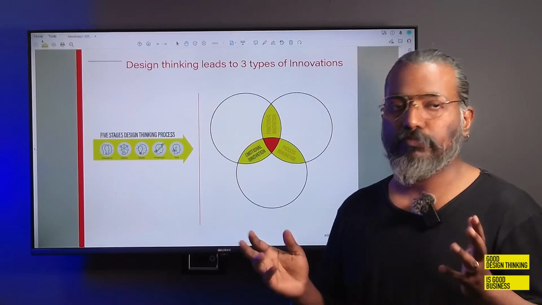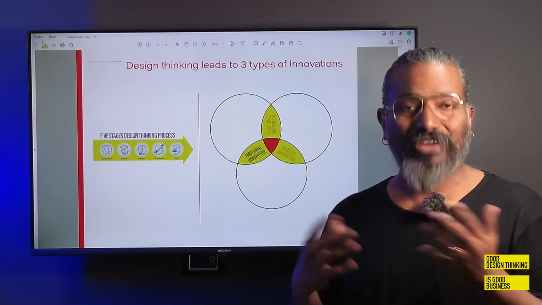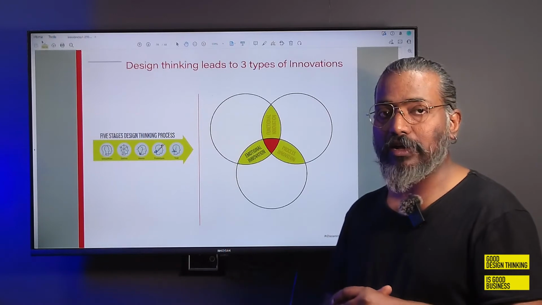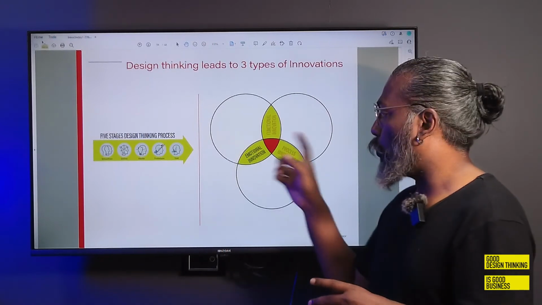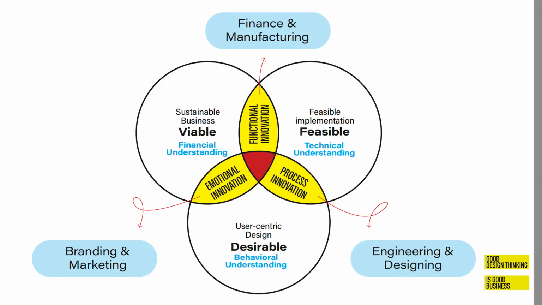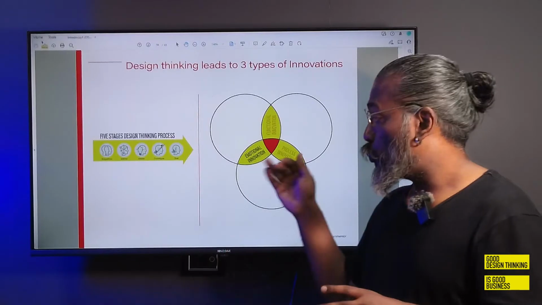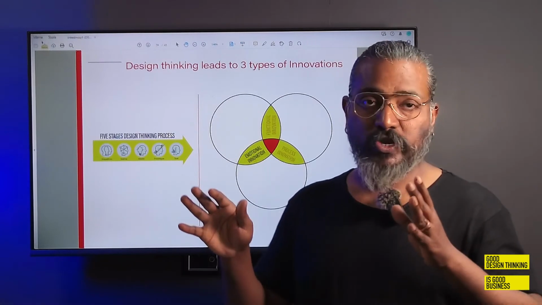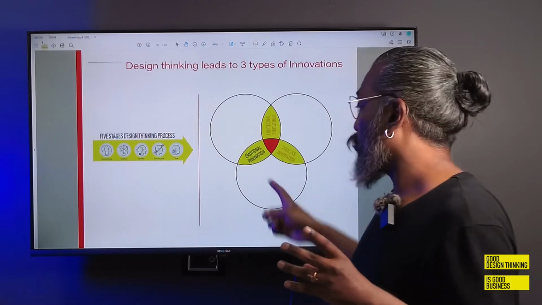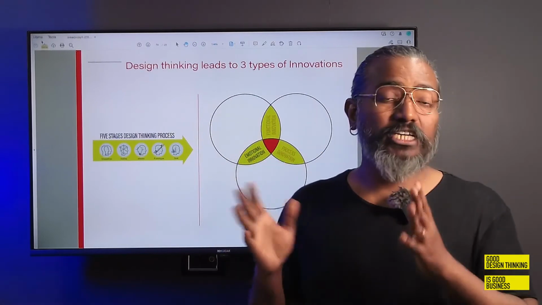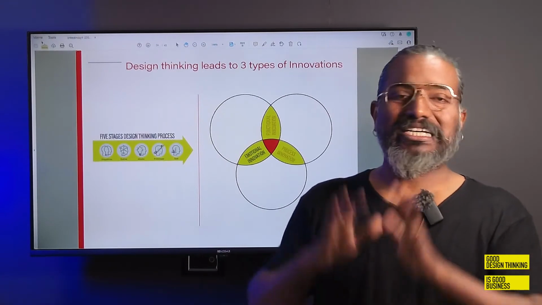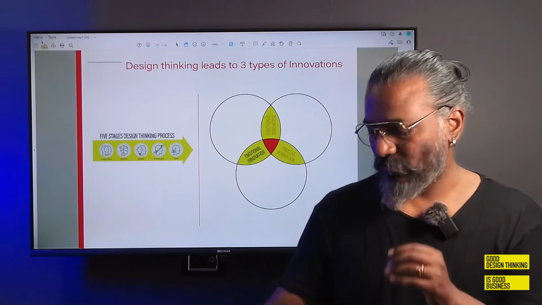If you see the organizations which failed, they are unable to have all the 3 innovations. Maybe they are lacking one type or 2 types of innovation, therefore they failed. And if you look at the successful companies, they are able to balance or have all the 3 types of innovations at par, so henceforth their success is intact.